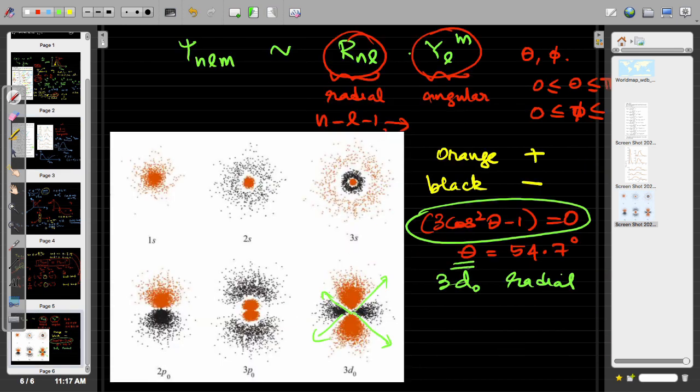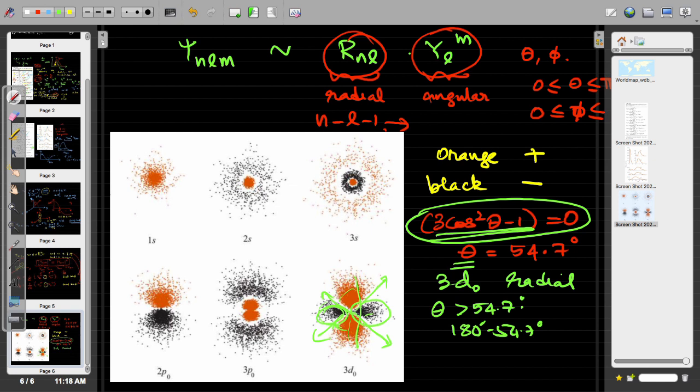And most importantly, for any value greater than 54.7 and less than 180 degrees minus 54.7, this entire 3 cos square theta minus 1 term ends up being negative. So you end up seeing a negative lobe here. Same as the case here, where beyond 180 degrees plus 54.7 you get a negative term, until 360 minus 54.7.